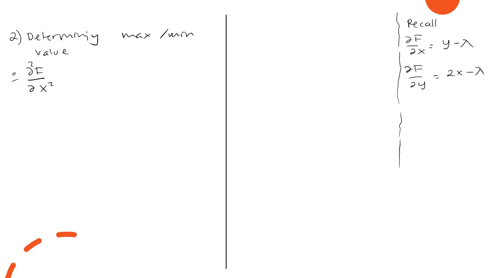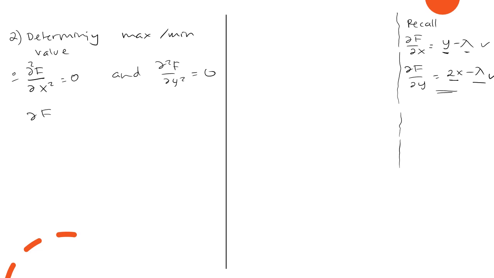Okay, so the second derivative of x will be from here. Look over here, there is no x at all, so the second derivative of that function will be 0. And next, dou squared f dou y squared, look over here. There is no y, so if you derive it again against y, it will be 0.